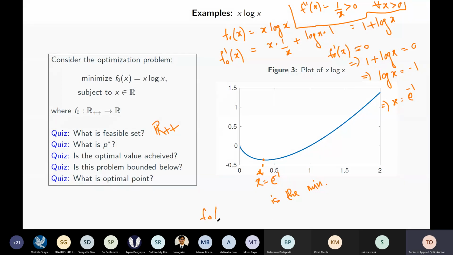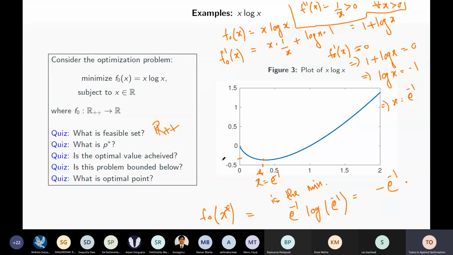So f naught at x star we have to compute. x star is e to the minus 1, times log of e to the minus 1. So log and e cancel, and this will be minus of e to the minus 1.